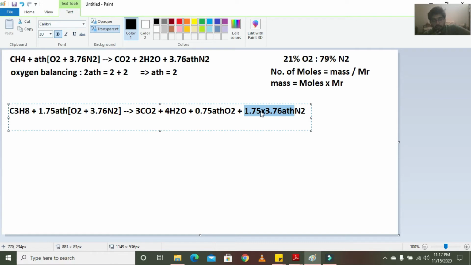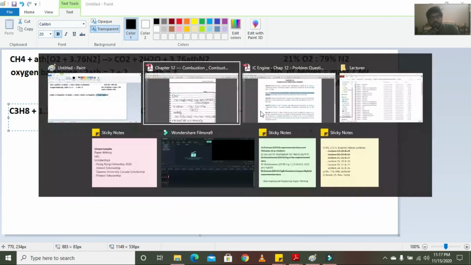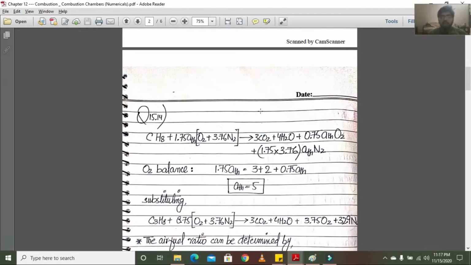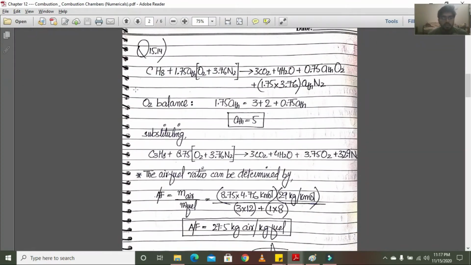Now moving forward, the next step was balancing the oxygen. Again, in this question I have utilized the balancing of the oxygen molecule, but you can also solve it with the balancing of the oxygen atom as well.